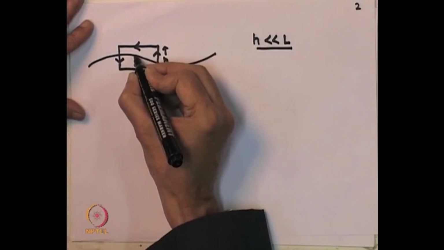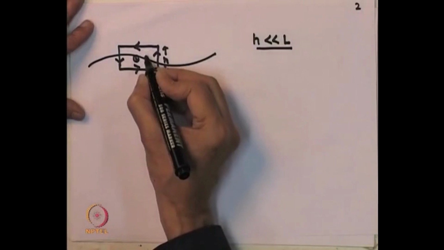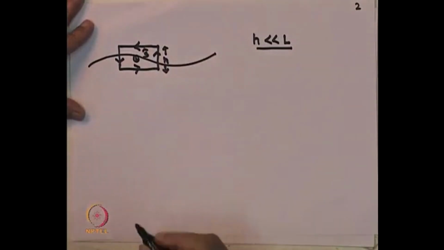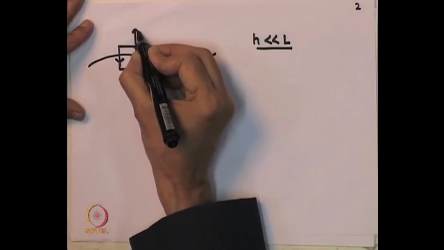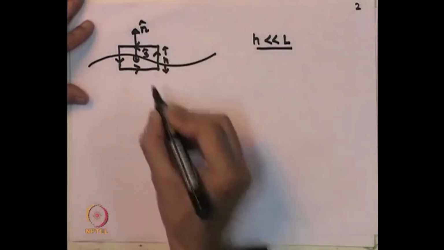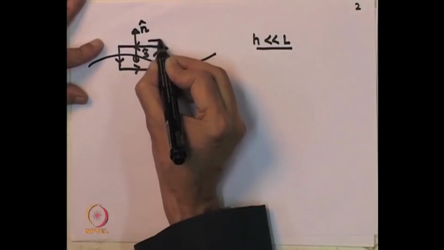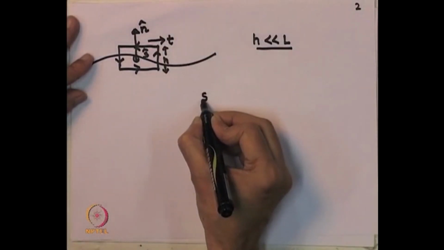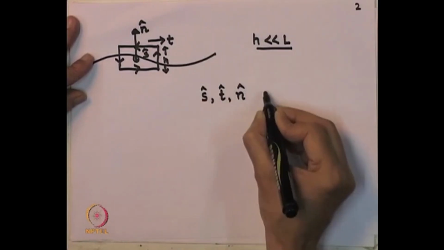What we have said is that outward from the page of the paper is what I will call vector S. The normal to the interface is n, and if you look at a triad, then of course the tangential component will be just the other direction. So, in other words, S, T and N is a right handed system.